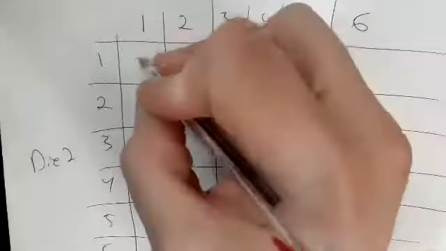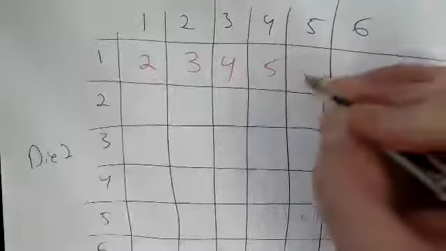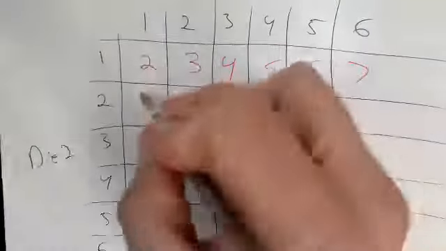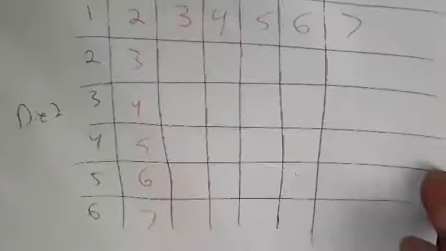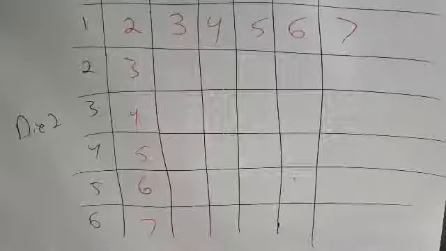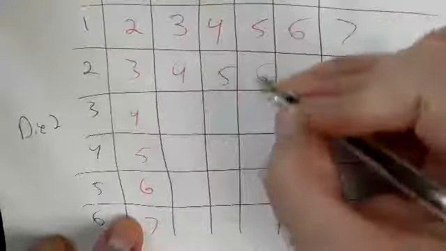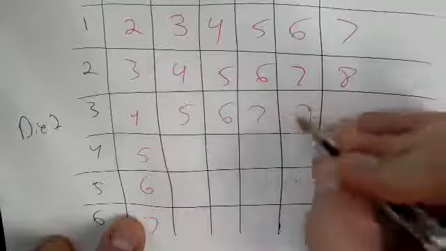So 1 plus 1 is going to give me 2. Here, 2 plus 1 is going to be 3, 4, 5, 6, 7. I can go 3, 4, 5, 6, 7, maybe this way as well. 3, 4, 5, 6, 7, 8. 4, 5, 6, 7, 8, 9.